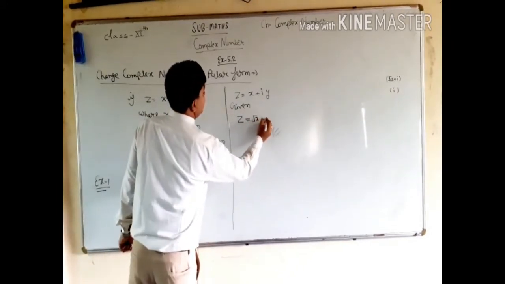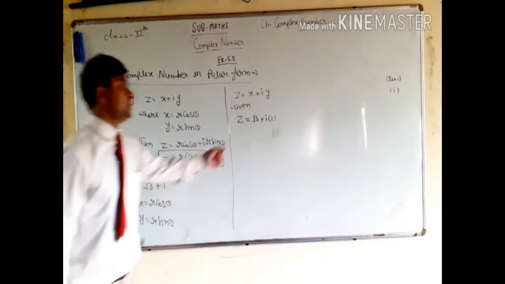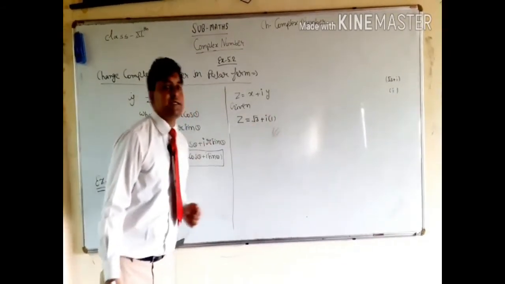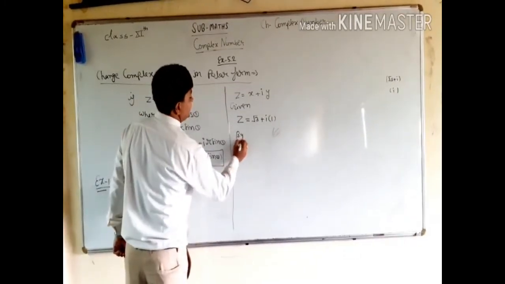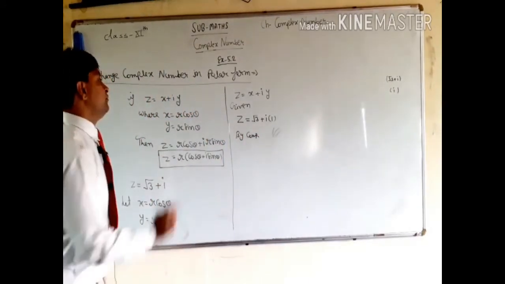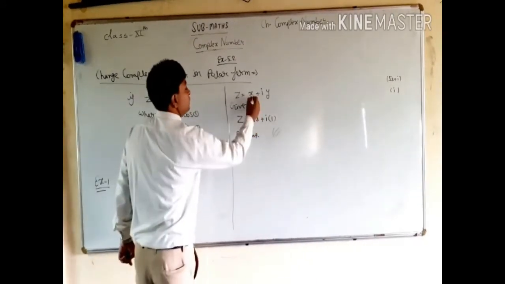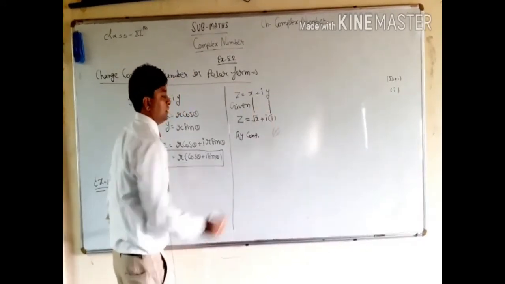So root 3 plus iota is changed in the form root 3 plus iota and bracket is 1. So, by comparing, we find x equal to root 3 and y equal to 1.